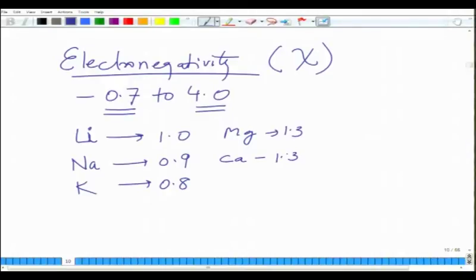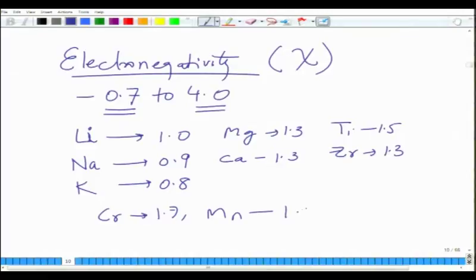If I go a little further, titanium has a value of about 1.5, zirconium about 1.3. If I go further right, let us say chromium has a value of 1.7, manganese 1.6, iron 1.8, cobalt 1.9, and copper 1.9.